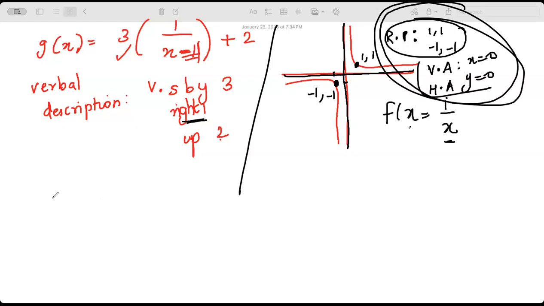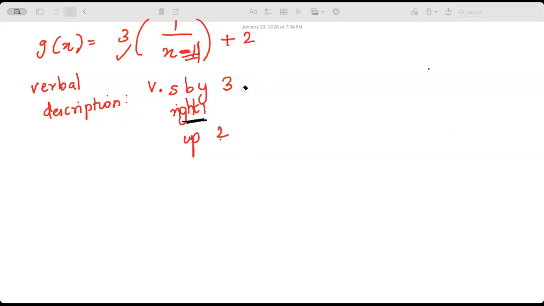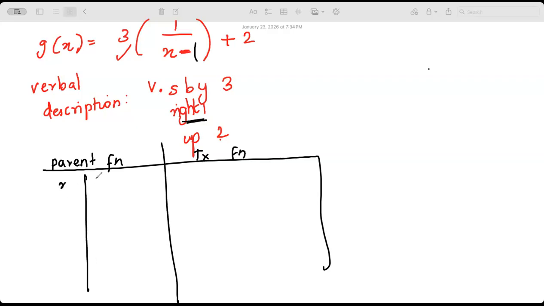Once you know that, things become very easy. How? Let me tell you. Some of you were here when we discussed transformation early on, some of you weren't. The way I want transformations of graphs to be done is, I would like you to draw a table. You will never make mistakes in this. It is a reliable way of doing parent function to transform function. Now x, f of x: the parent function was 1 by x.